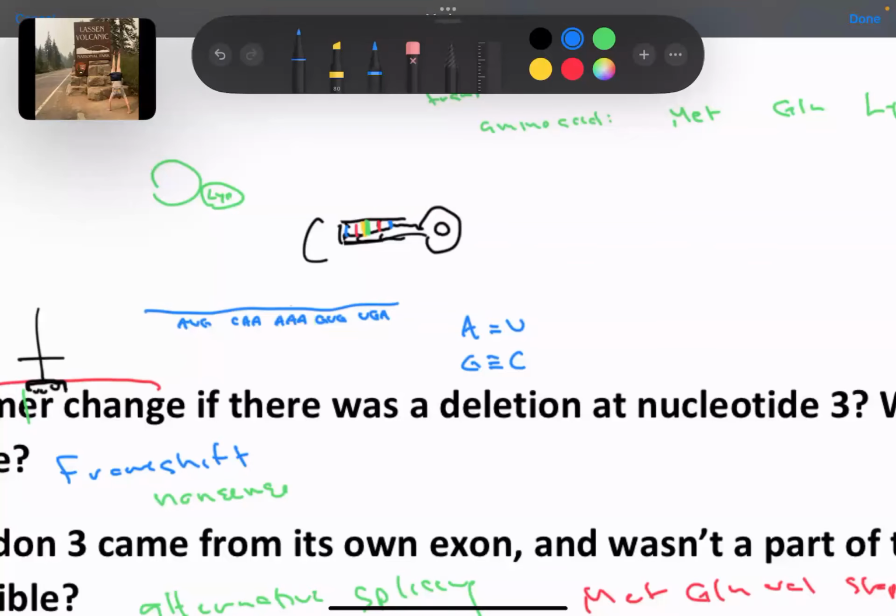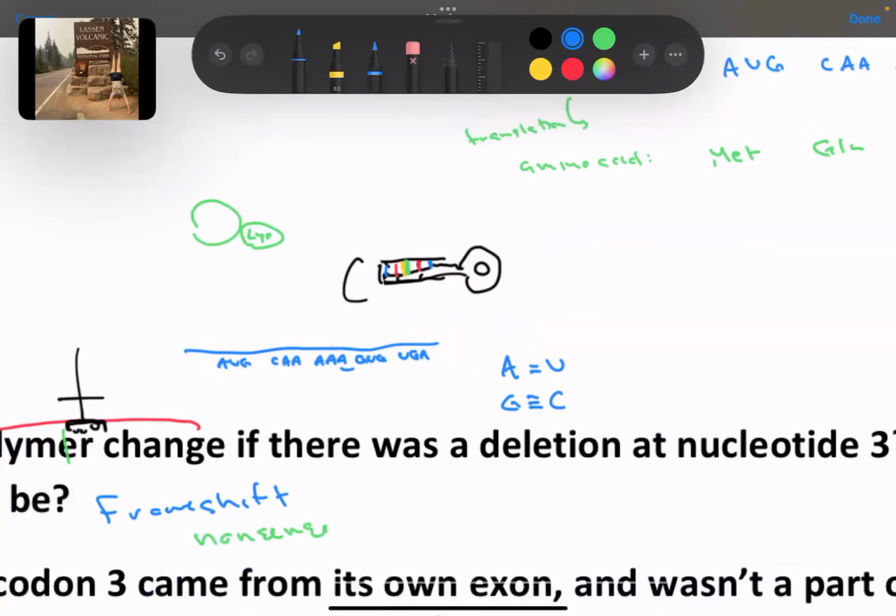So AAA, we usually have an A here, and that usually creates 2 hydrogen bonds with its anticodon. And that's good.